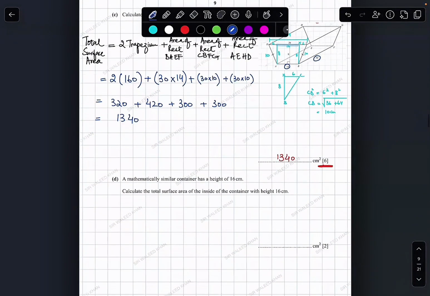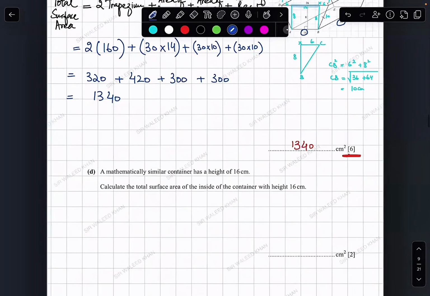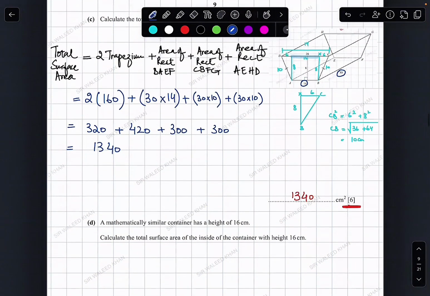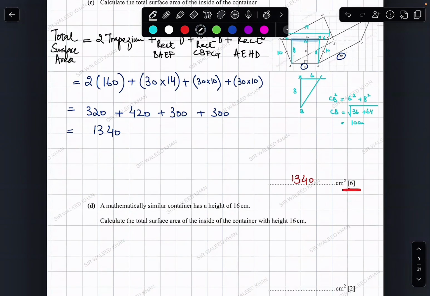Okay, a mathematically similar container has a height of 16 centimeters. Calculate the total surface area of the inside of the container with height 16 centimeters. Mathematically similar. When they use this term, that means the relation of areas will be A1 over A2, the area of the first one over the area of the second one, the ratio of it will be L1 over L2 whole square.